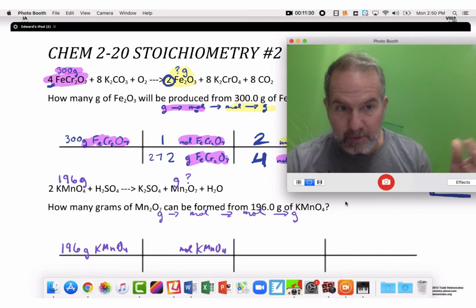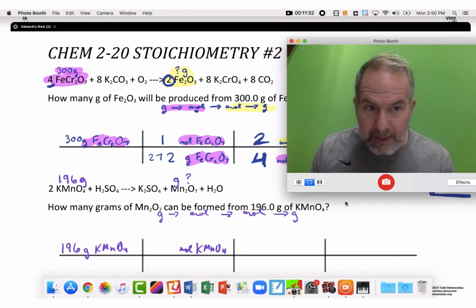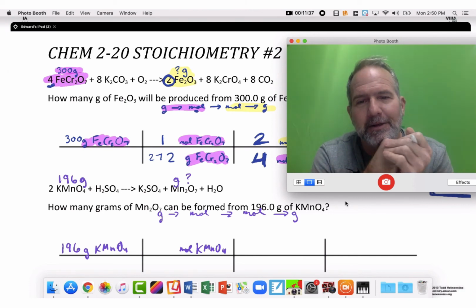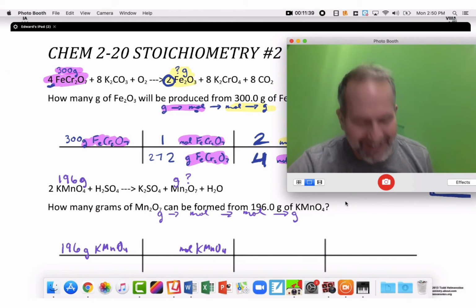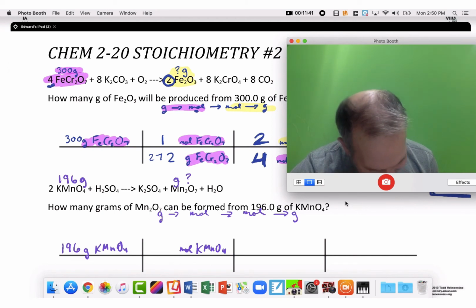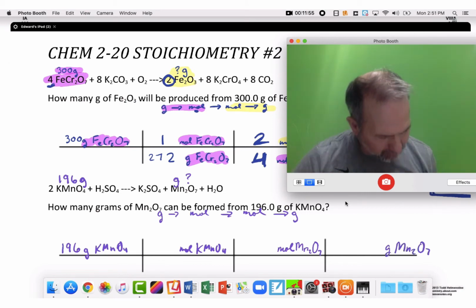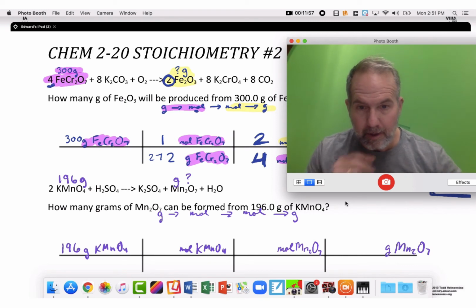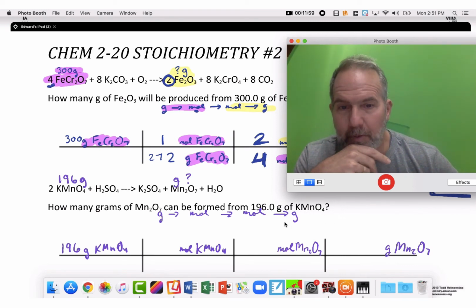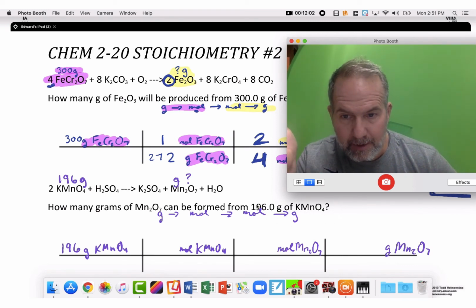Those are the givens, because the number was given to you. Okay, next one. The last thing we're trying to find is the unknown. So the moles of the unknown, and it'll be Mn2O7. And then grams of Mn2O7. Okay, now we need to know the masses.